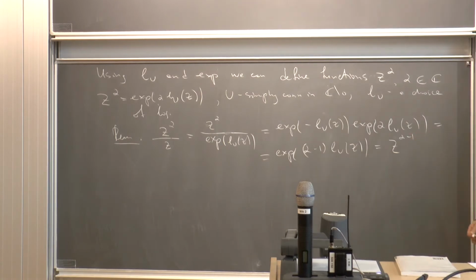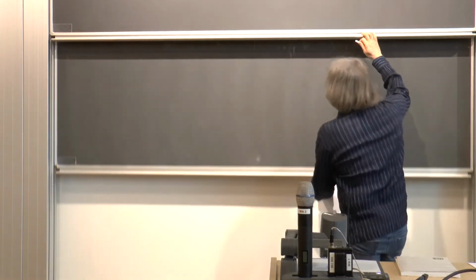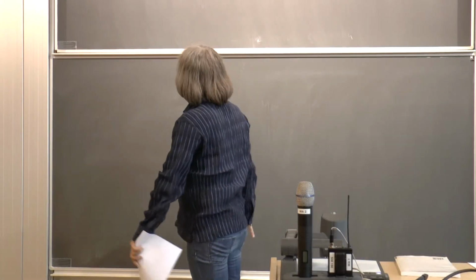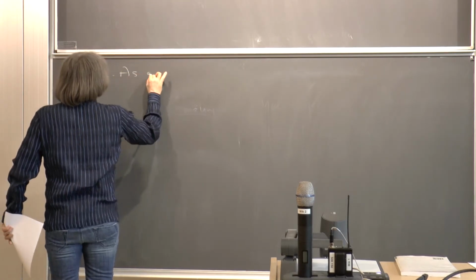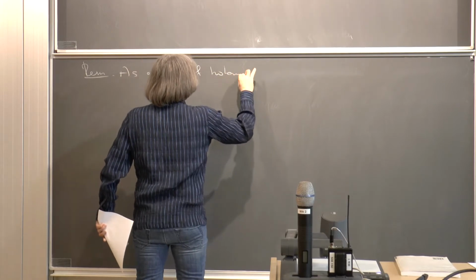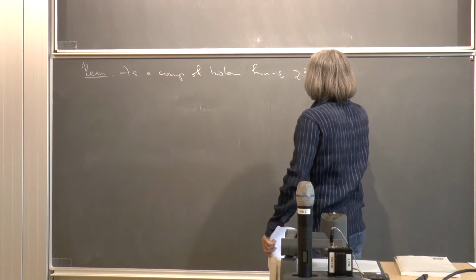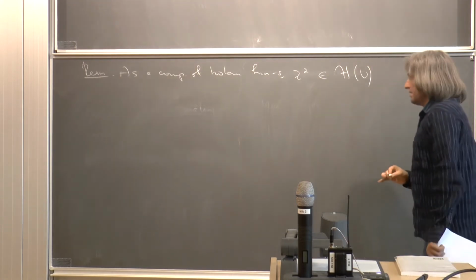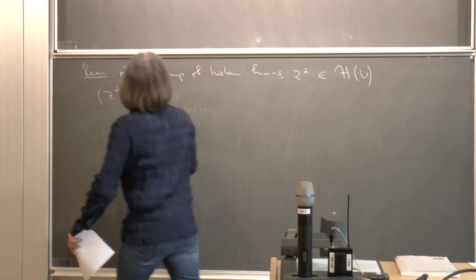So it's concise. So let's differentiate z to the alpha. So obviously, as a composition of holomorphic functions, z to the alpha is holomorphic in U. And let's differentiate.